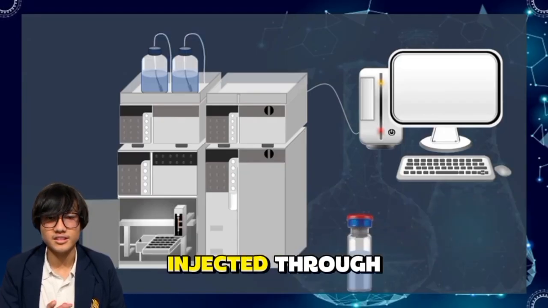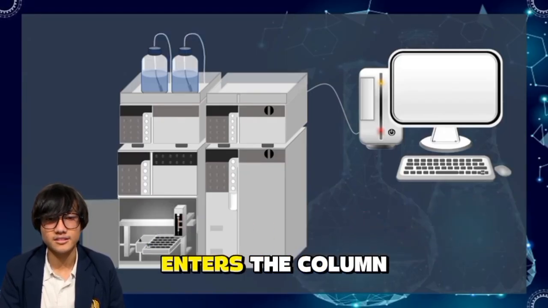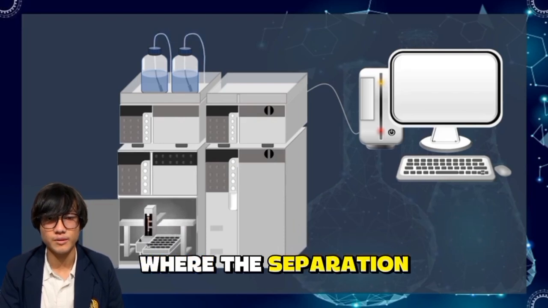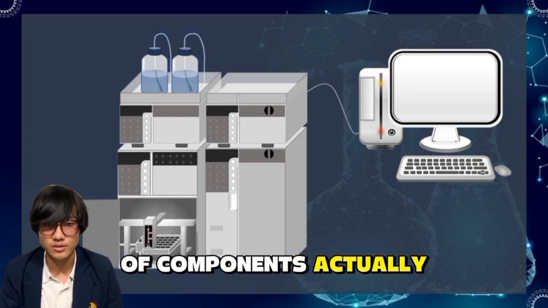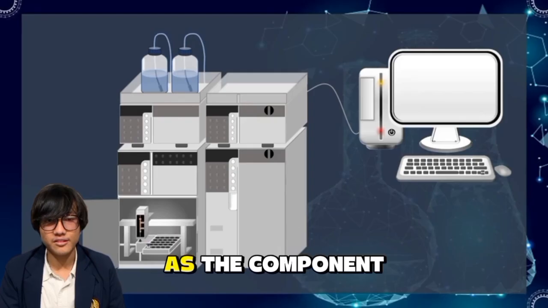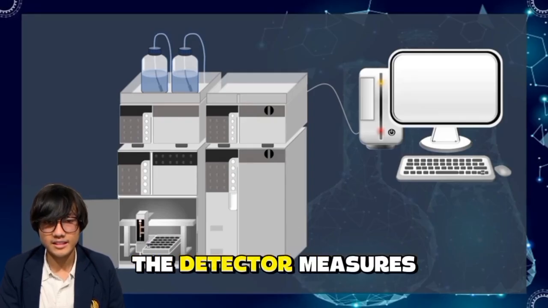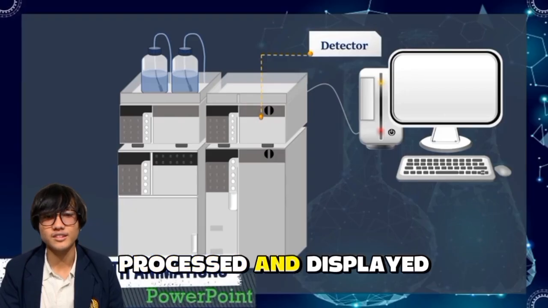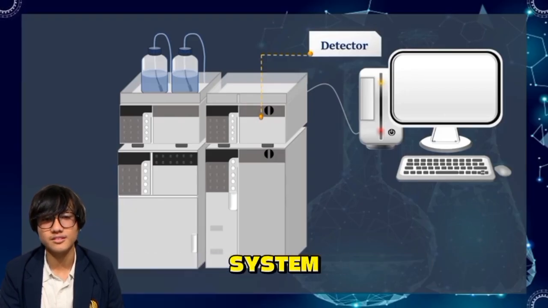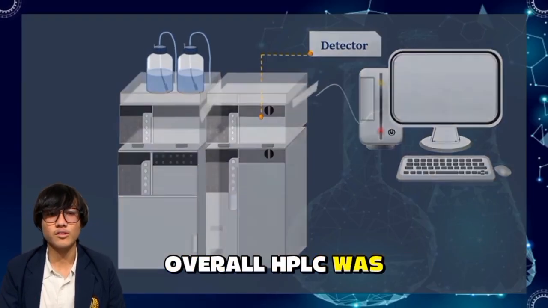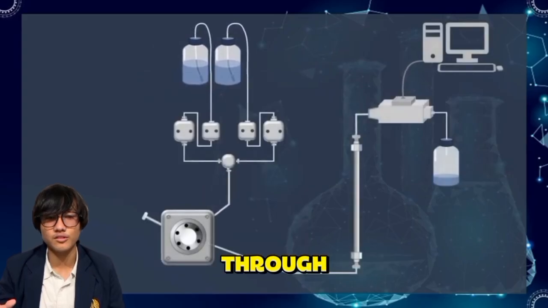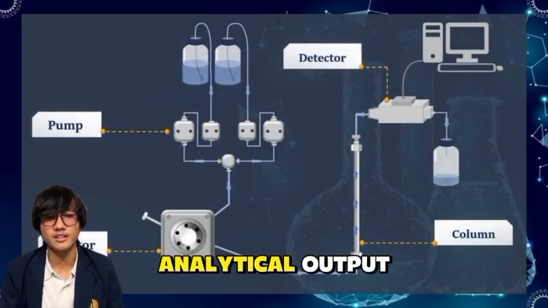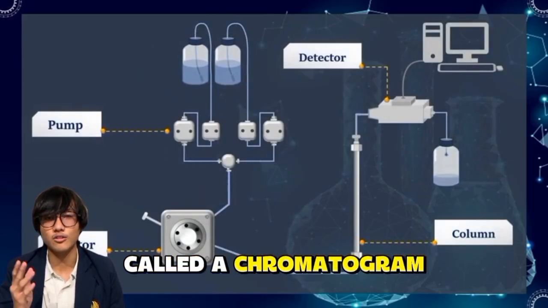The sample is injected through the injector and enters the column where the separation of compounds actually occurs. As the compounds exit the column, the detector measures them, and finally all information is processed and displayed by the data system. Overall, HPLC works from sample input through separation, and ends with a clear analytical output called a chromatogram.